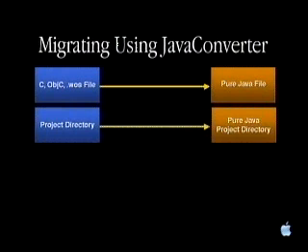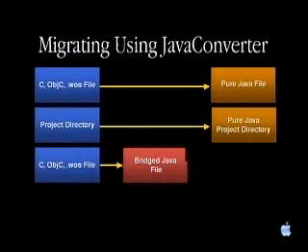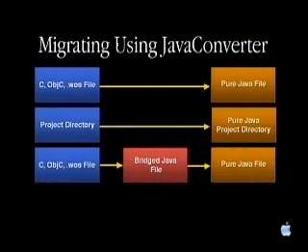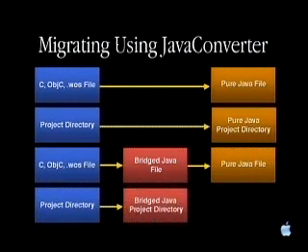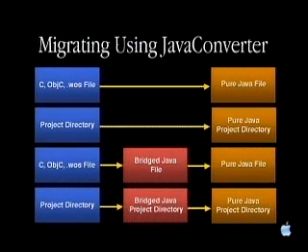Or if you're feeling a little bit more constrained, you have code that's possibly in the nastier areas, you may want to consider doing a hybrid project and migrating, first to Bridge Java on a file-by-file basis, and then once you have all of those done, moving them to pure Java. Or you may want to move your entire project first to Bridge Java and then to pure Java. This could give those of you who have lots of categories and posers and that kind of thing a little bit more time to do your conversion without having to disrupt your application.